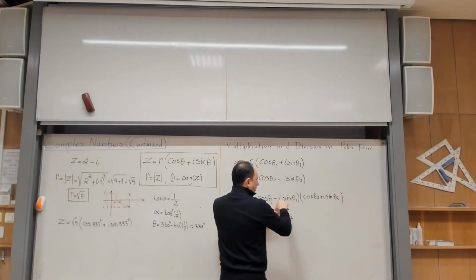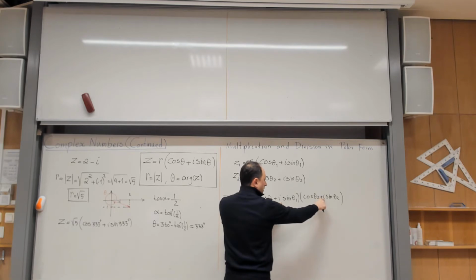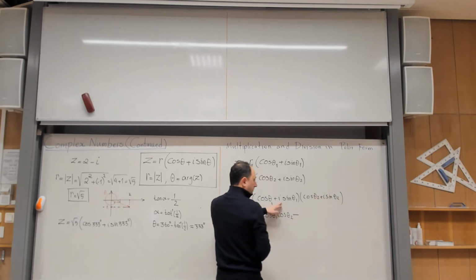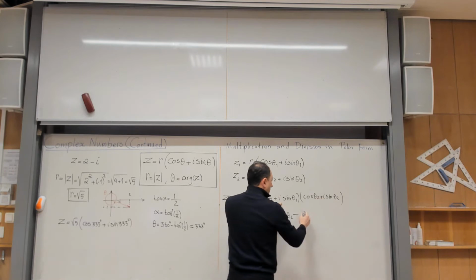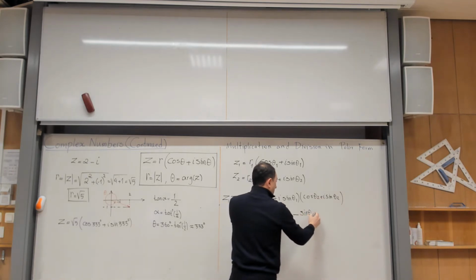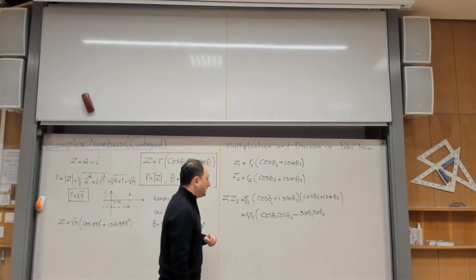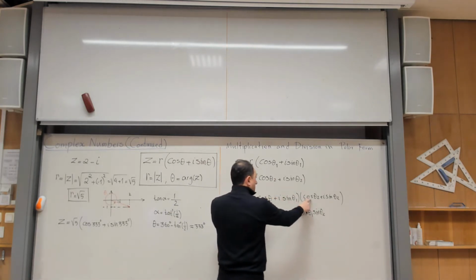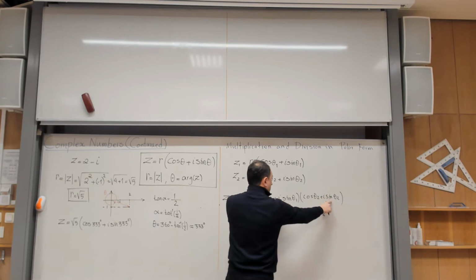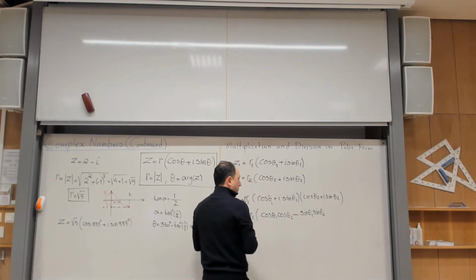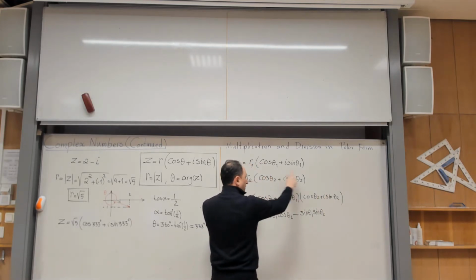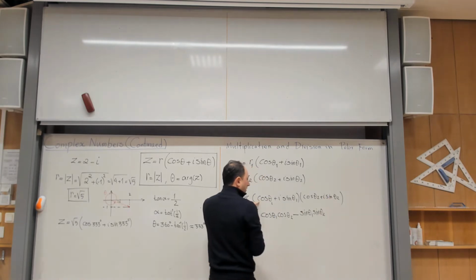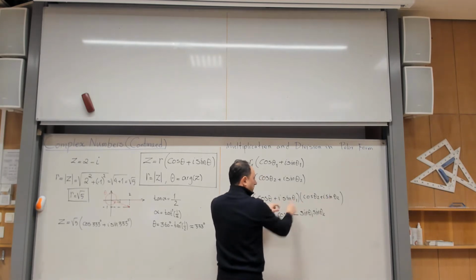Because then i times i becomes i squared, which becomes negative 1, and sine theta 1 will be multiplied by sine theta 2. So remember, I multiplied this by that, and I also multiplied this by that. There are two more terms that I have to consider. One of them is to take this one and multiply it by the last one. The other one is to take this one and multiply it by the first one.